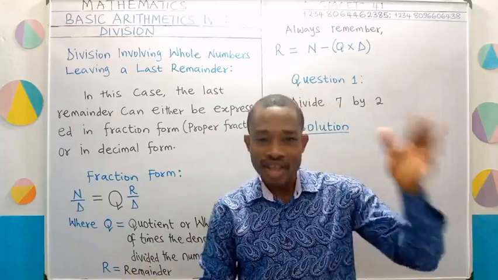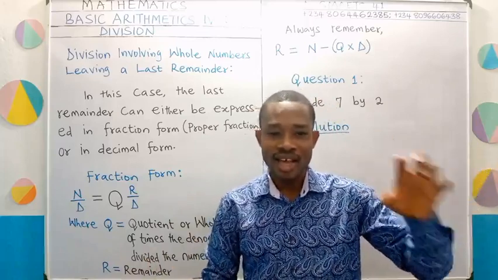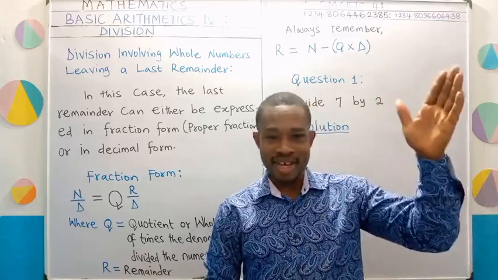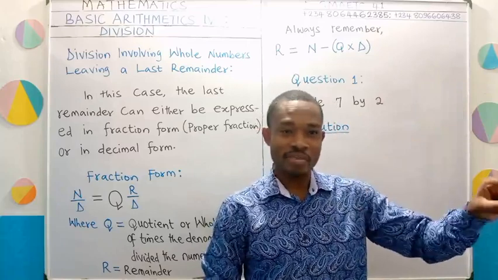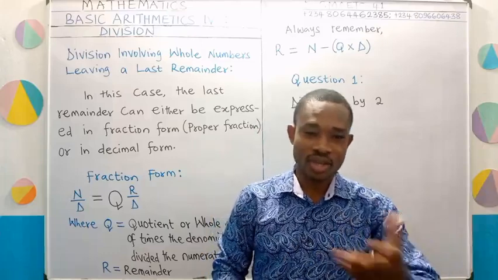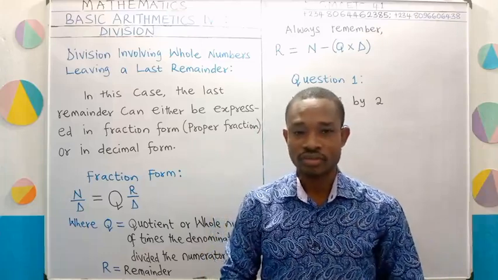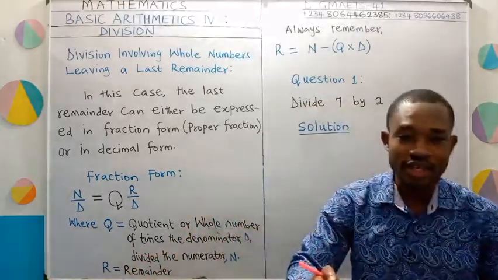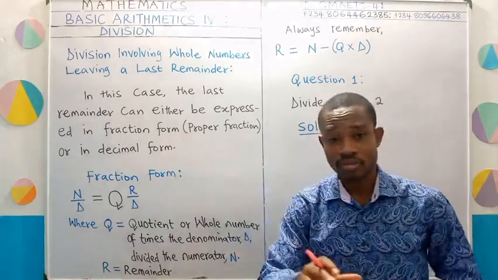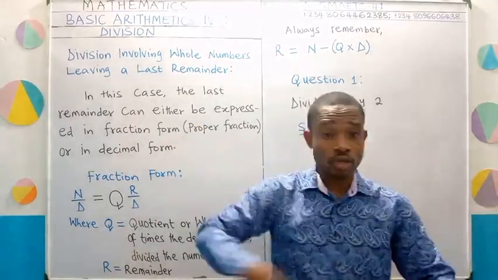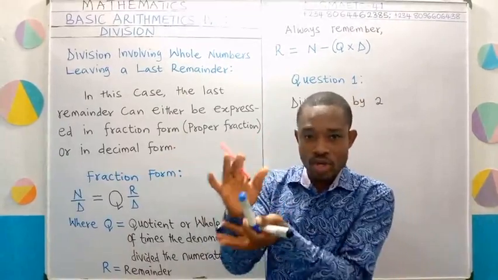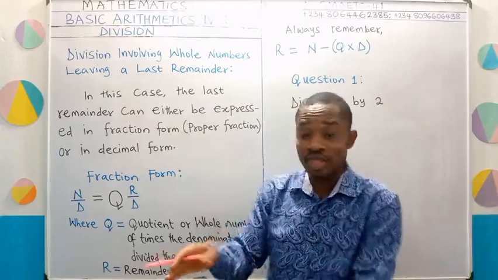Then we will get our last remainder. That last remainder can be written in fraction form, where you do that remainder, the last remainder, divided by the denominator, the divisor that you are using to carry out that division. So like I said, one of the ways in which we can express the last remainder is in fraction form. The whole fraction altogether is a mixed fraction, but the remainder part on its own that you're expressing in fraction form is a proper fraction.